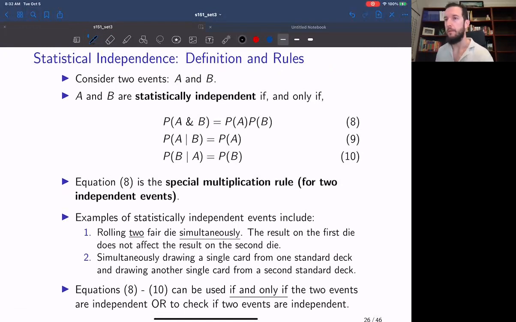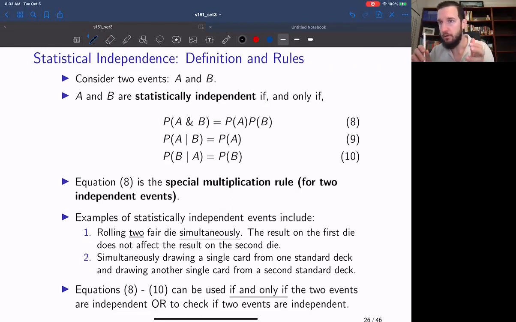Okay. All right. The next topic is the topic of statistical independence. Now, this particular definition creates a lot of confusion for students.